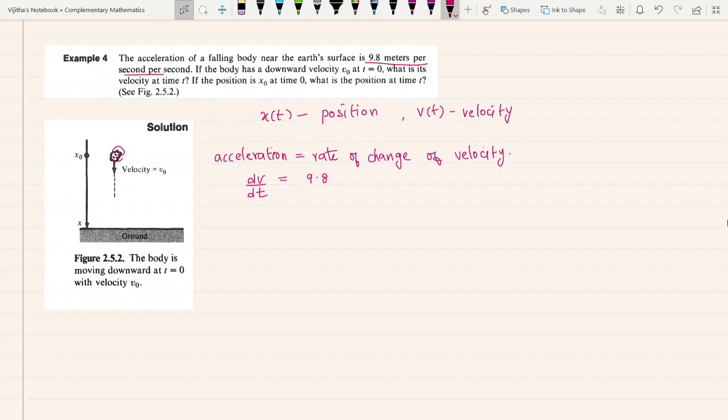Now first we will find what is velocity. So derivative of velocity is 9.8. So to get v, we have to find the antiderivative of 9.8.